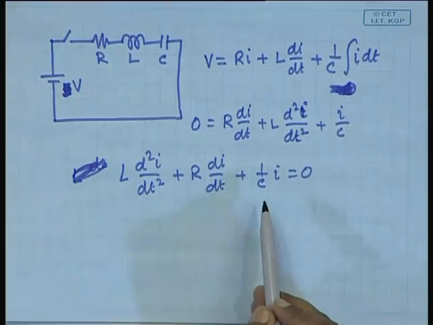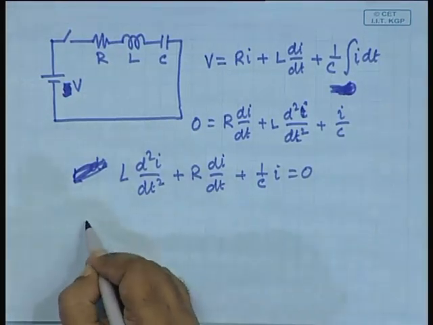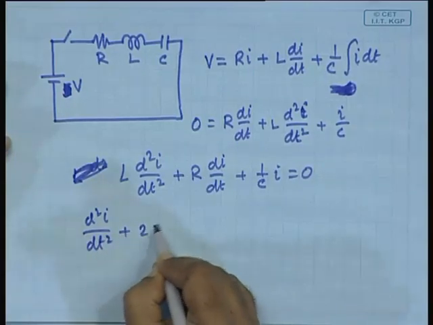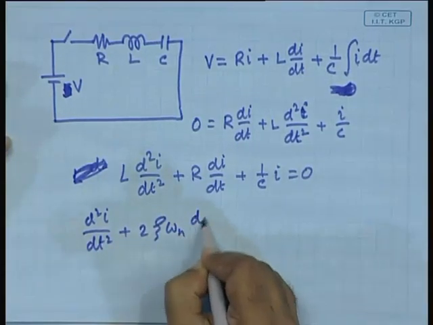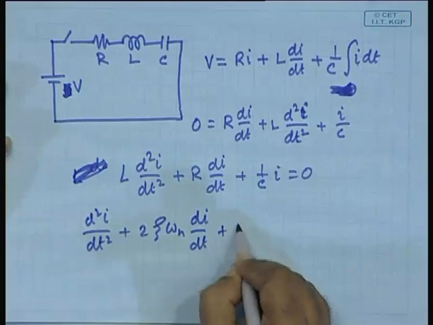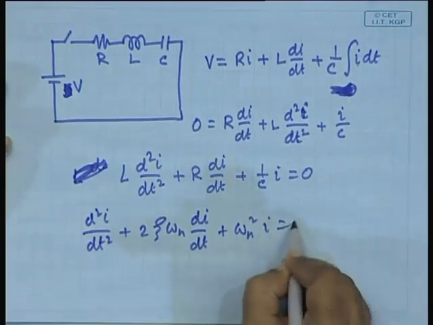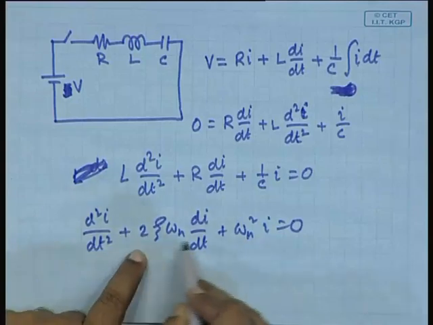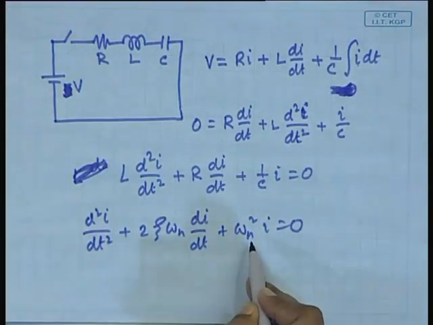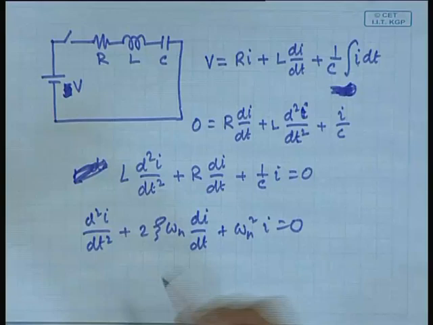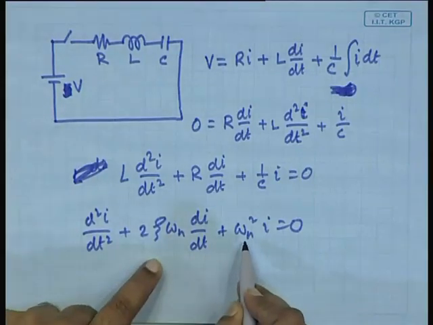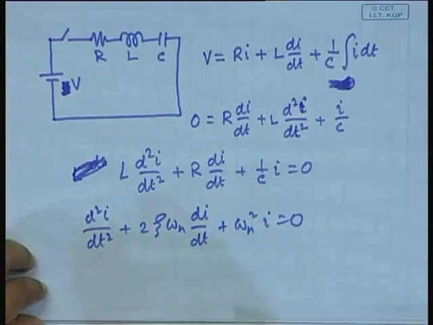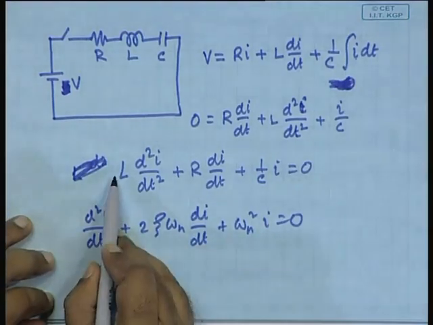You already know that you will have to write it in the form d2I dt2 plus twice zeta omega n dI dt plus omega n square I is equal to 0. The moment you write in this form, then these values will tell how the solution is. So, you write down what will be omega n square. Yes, L will have to be divided through.